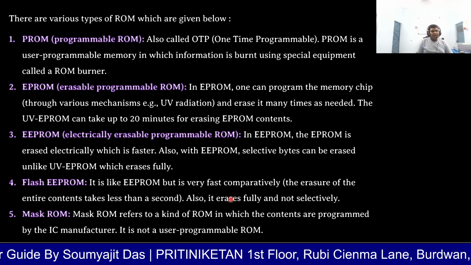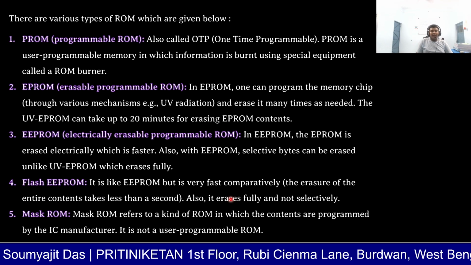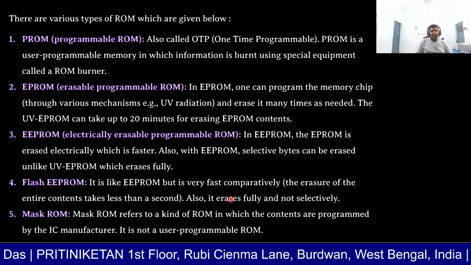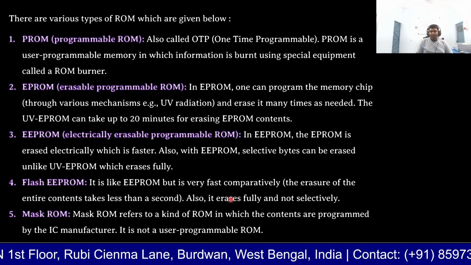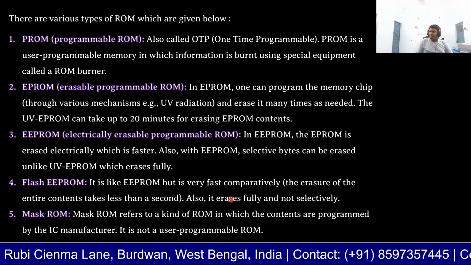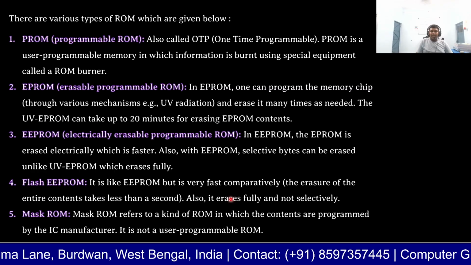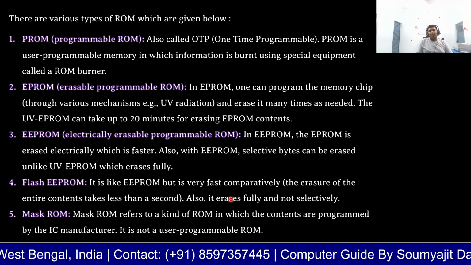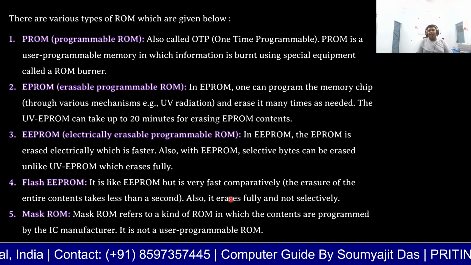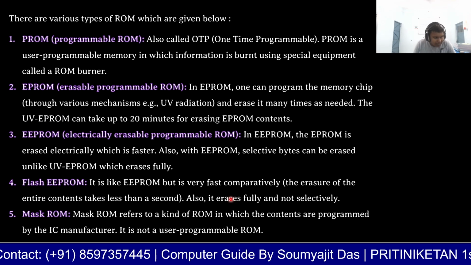For example, with EEPROM you might say Arduino. Why? Because Arduino is programmable, and once you have written the code, every time you have to flash the thing into the ROM. But the main thing is that it doesn't update the old one. It entirely removes it and puts in a new one.